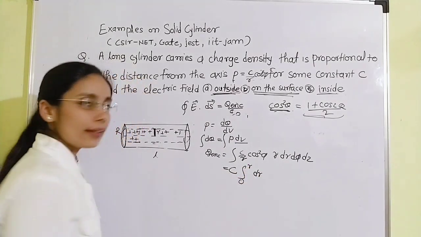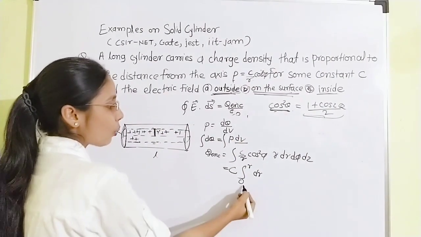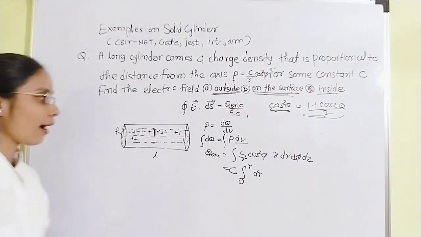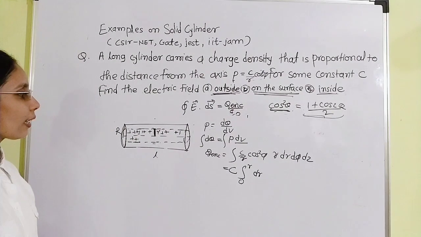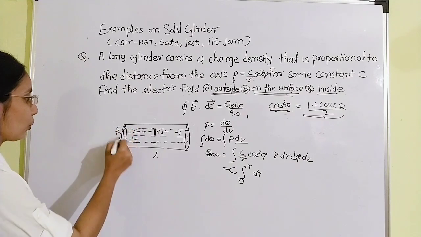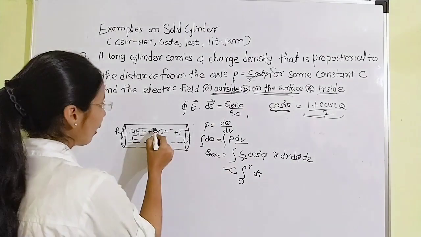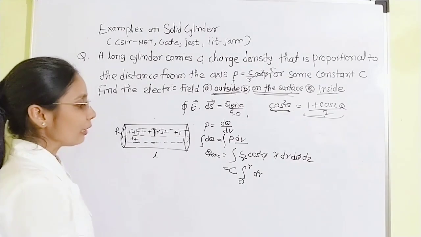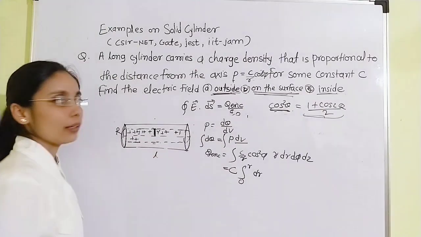When we have to find the electric field inside, we take the Gaussian limit, and when we have to find the electric field outside the cylinder, we take the body limit 0 to capital R. And when we have to find the electric field inside the cylinder, we take the limit 0 to small r, that is the Gaussian limit.